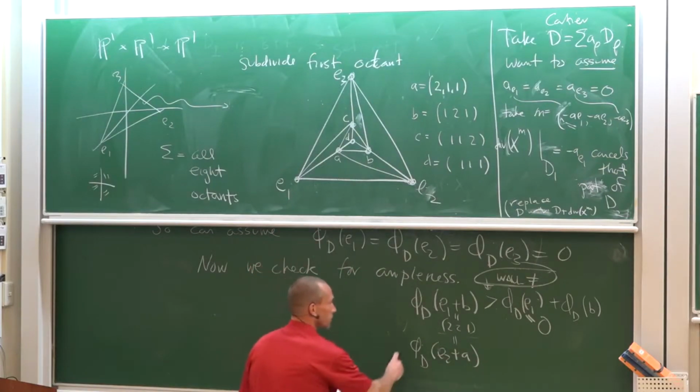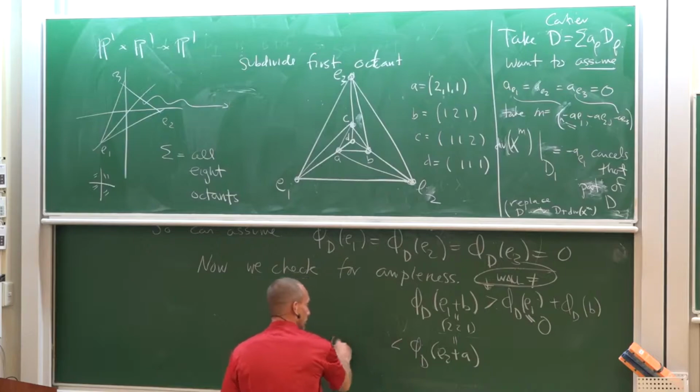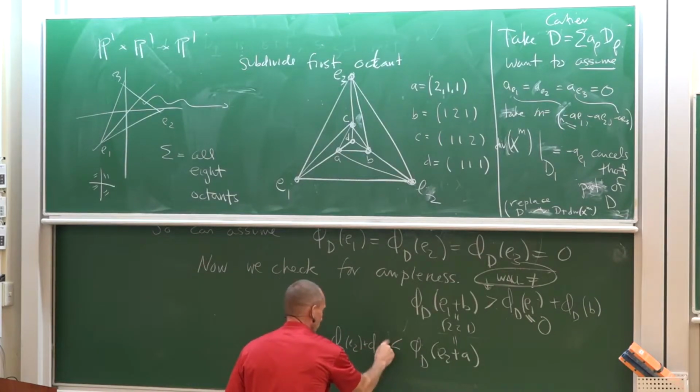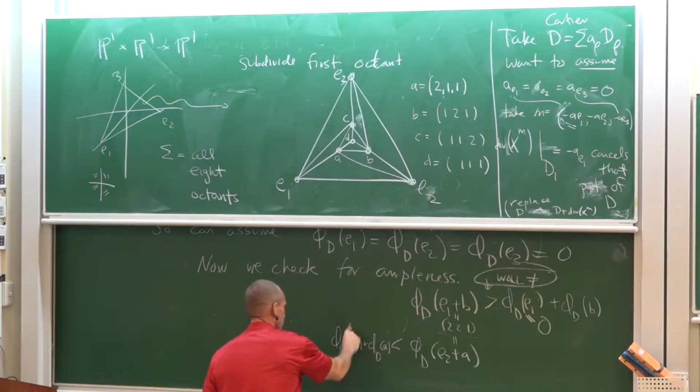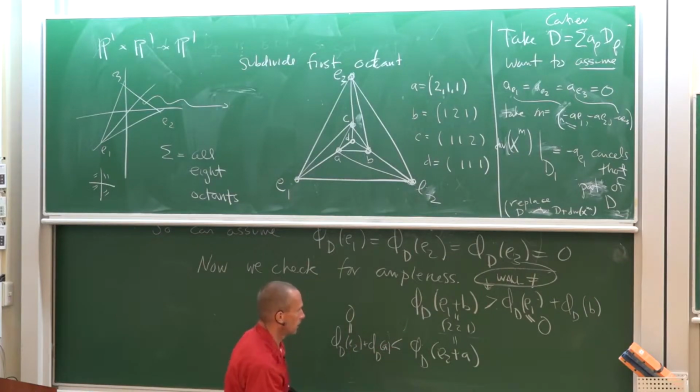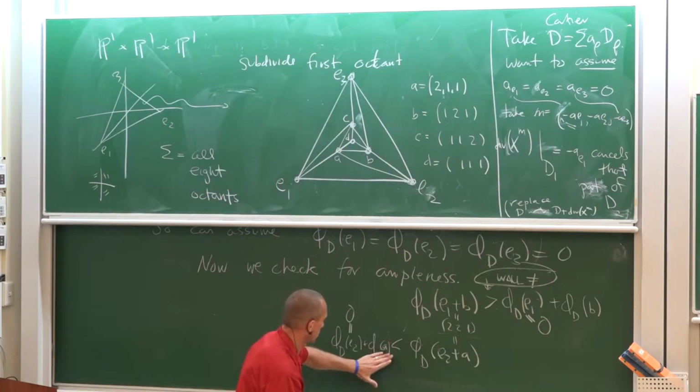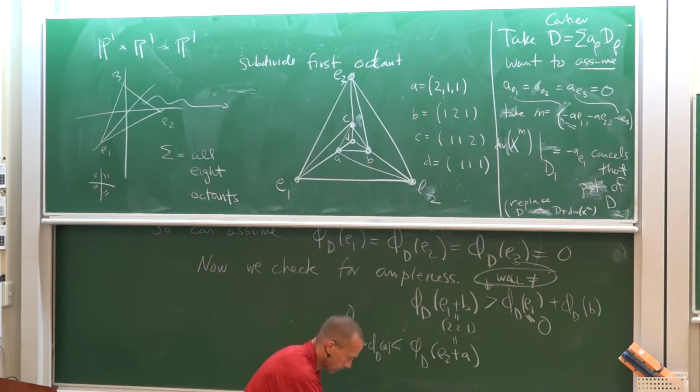E2 plus A. This is going to be greater than phi sub D of E2 plus phi sub D of A, and this is 0. So this is bothering me a little bit. So let's see here. Something is wrong.